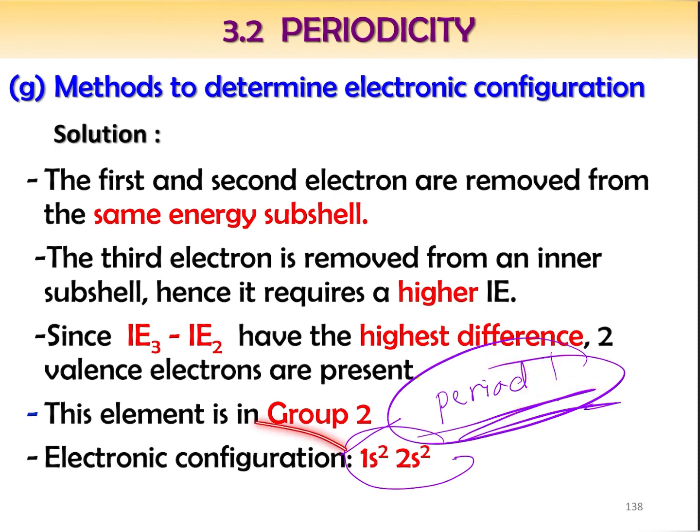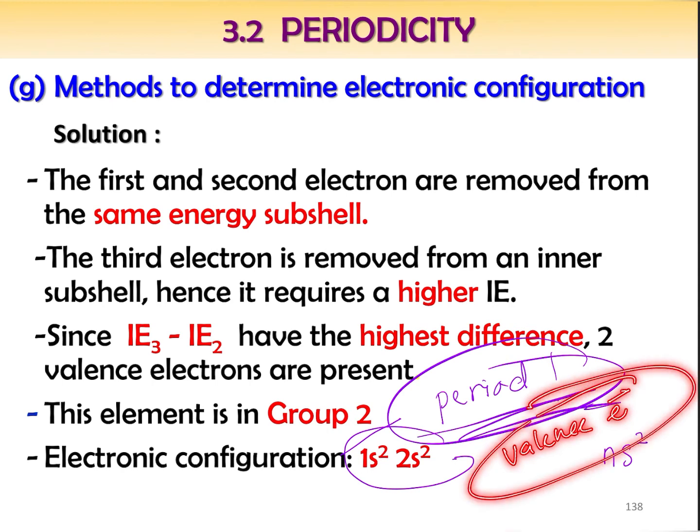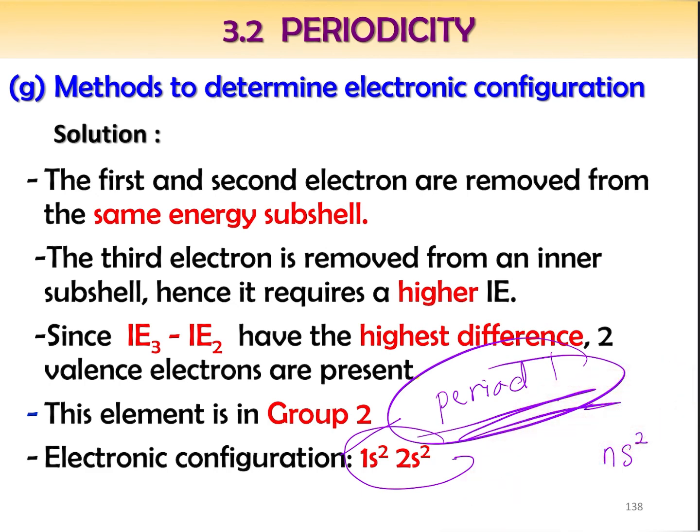When you want to write the electronic configuration, just leave your answer in this form lah. Ns2. Okay. Untuk the valence electron. Okay, biasanya dia akan tanya, write the electronic configuration for the valence electron. So, just leave in dalam bentuk unknown n.